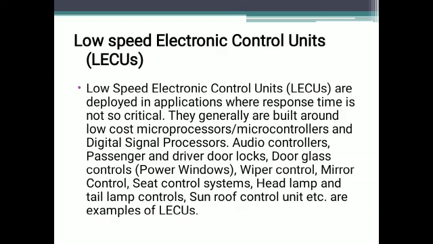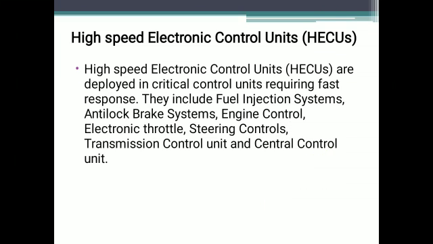Even if it misses the deadline, it's okay. It does not result in some disaster. Whereas if you think about high speed electronic control units, the applications where they are used are highly time critical, like anti-lock braking systems, or we may have the airbag systems also using high speed electronic control units. So in an airbag, it has to respond in nanoseconds, not even microseconds, right?